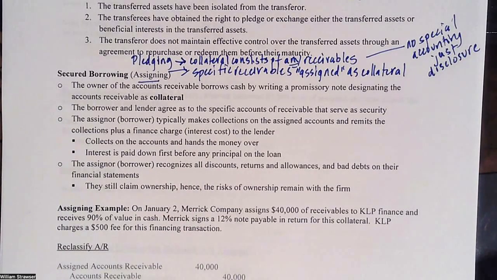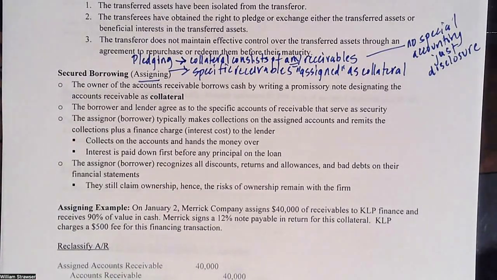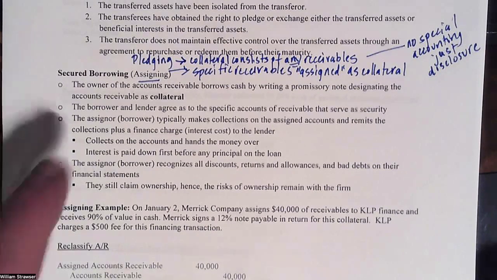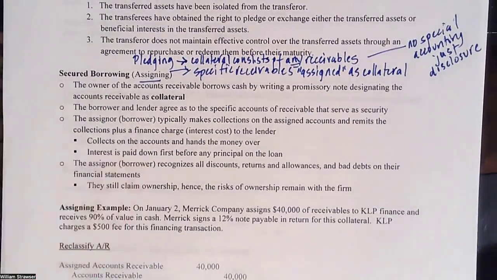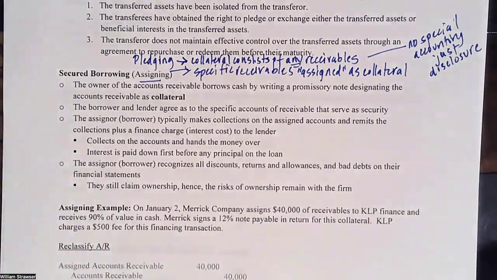And if they do, then any amount that is collected from those particular accounts is remitted or sent to the person who we borrowed from, plus any interest that has accumulated. Okay. So basically, we collect the accounts and hand the money over, and we pay interest before any principal on our loan.